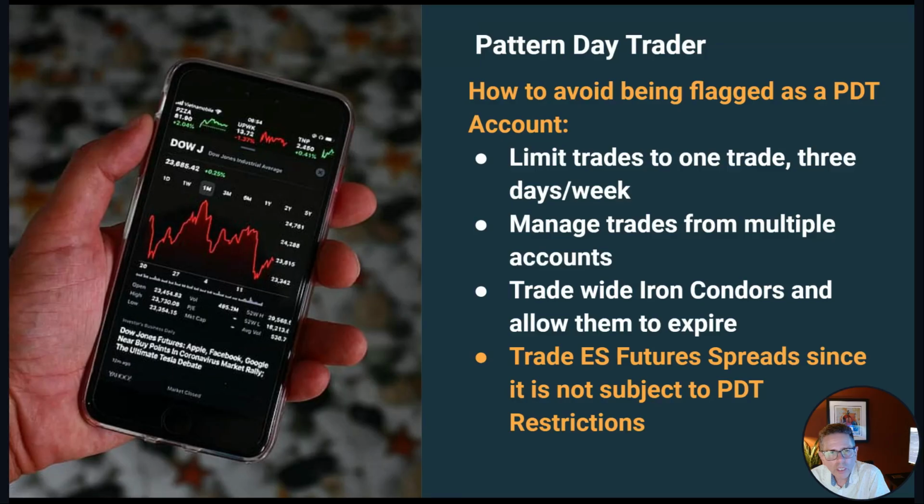Or you can trade ES options on futures, which have no PDT restriction, and they're very similar to SPX positions. You can interact with ES trades, and it works the same way with volatility and everything else. Very similar to SPX, but you don't have that thing on your back that you're going to get restricted.